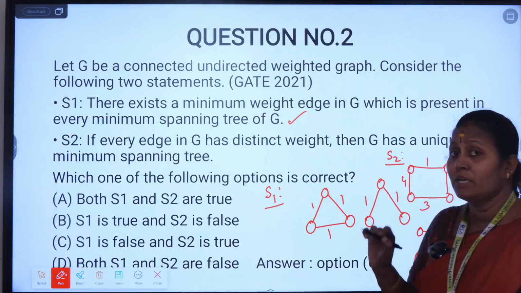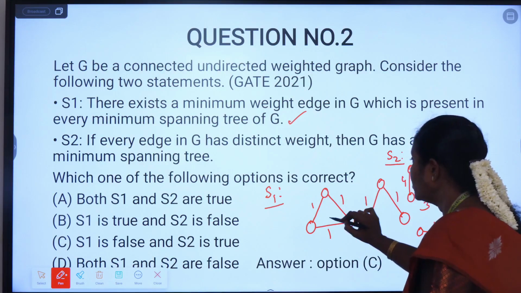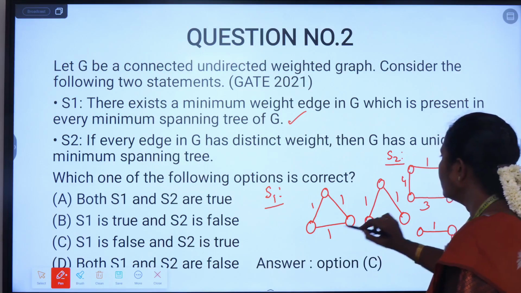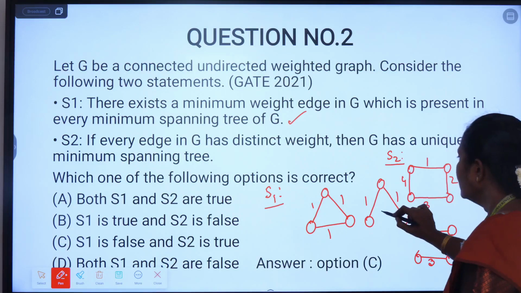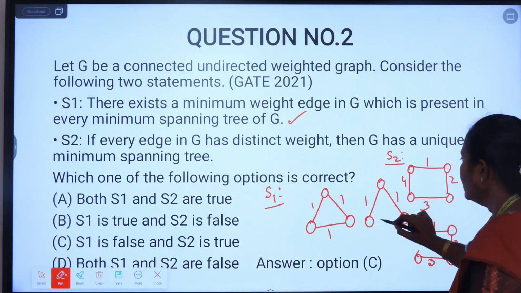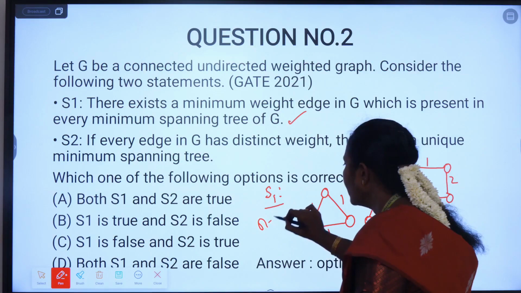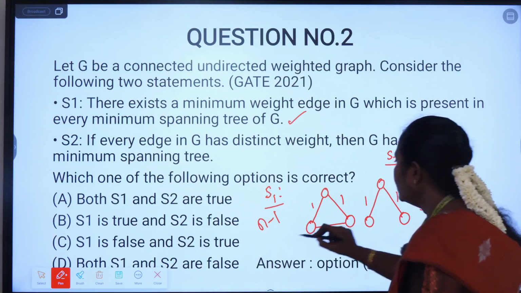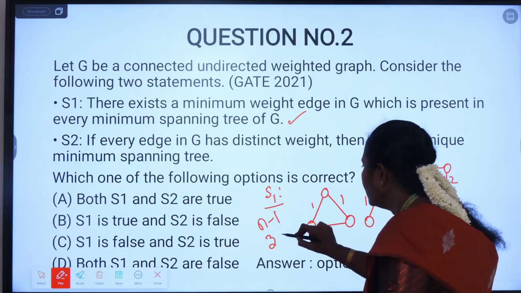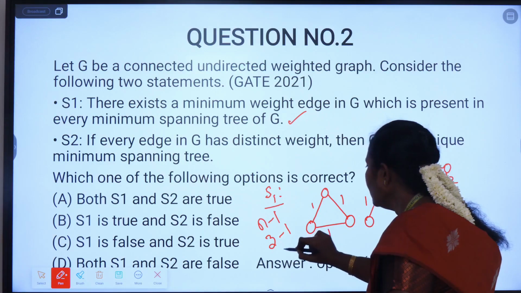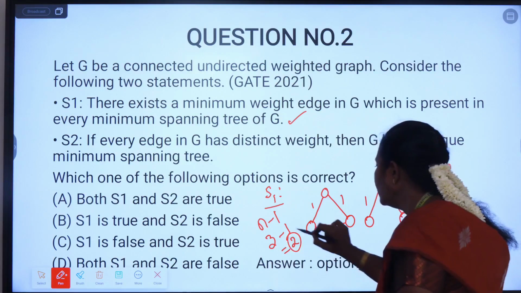So how do we find the minimum spanning tree for this graph? What is the minimum spanning tree for this one? This is the minimum spanning tree. So this is not a closed one here. The cycle is not closed here. What is the formula we have? N minus 1. What is N here? N is nothing but 3 here. 3 minus 1 means 2. So how many edges do we have?